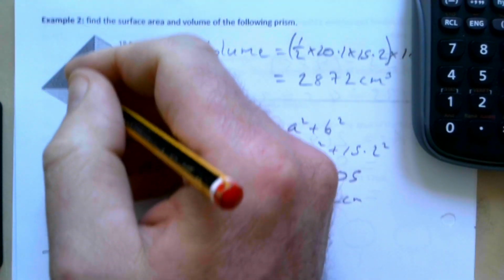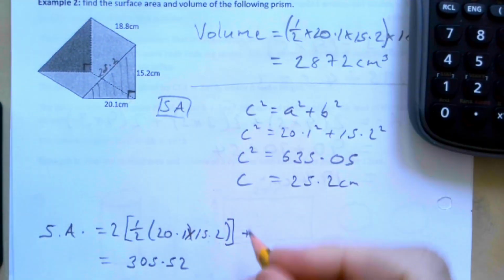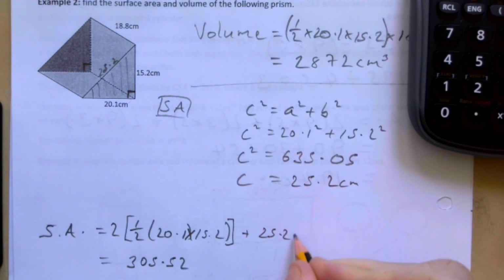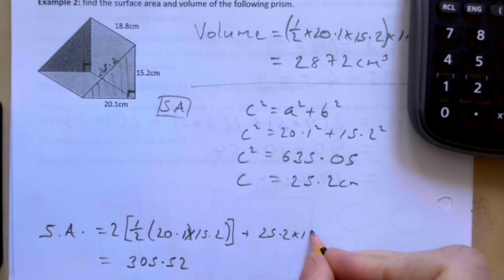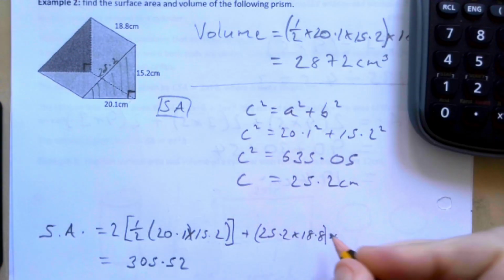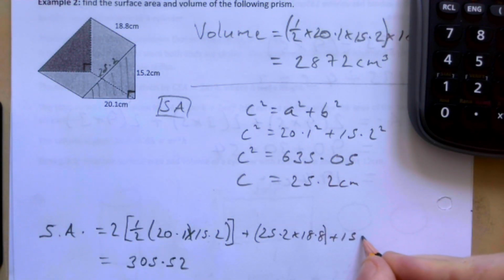Right, what else do we need? We need our 3 rectangles. So this one's going to be 25.2 times 18.8. This one's going to be 15.2 times 18.8.